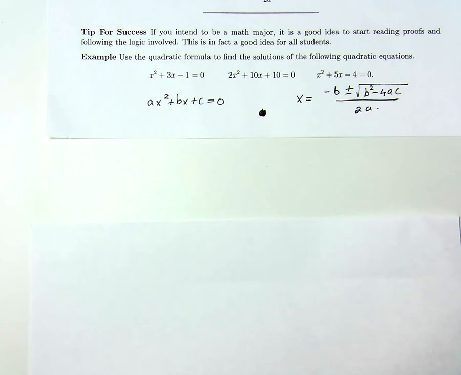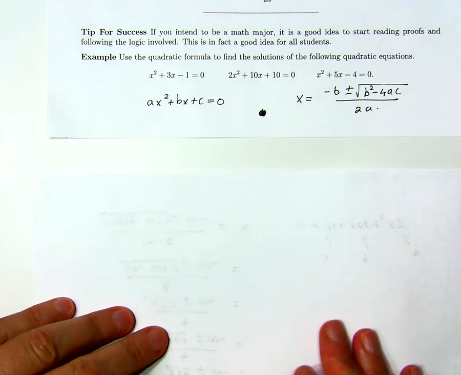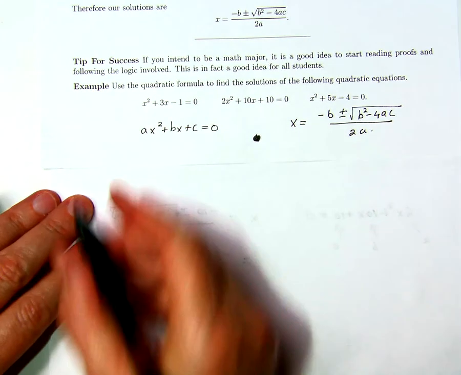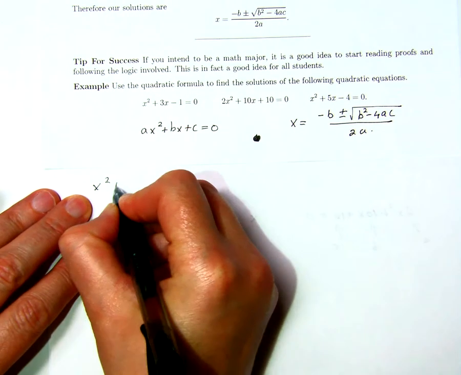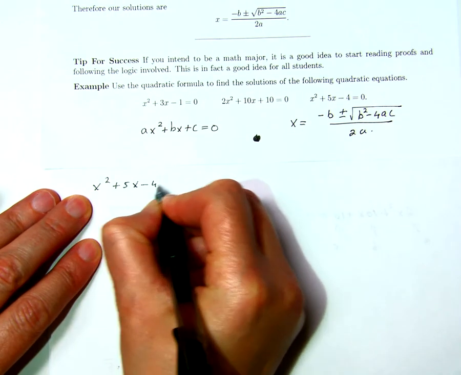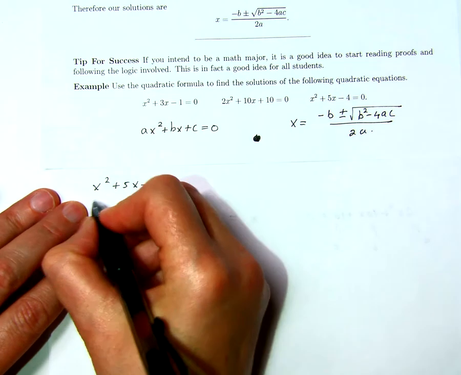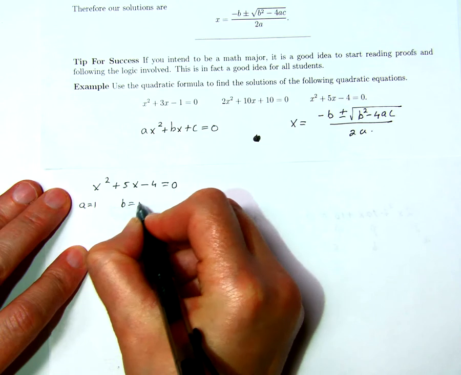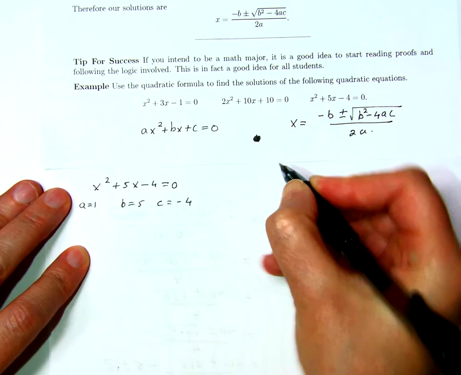Okay, let's try the last one. x squared plus 5x minus 4 equals 0. And again I have a equals 1, b equals 5, and c equals minus 4.